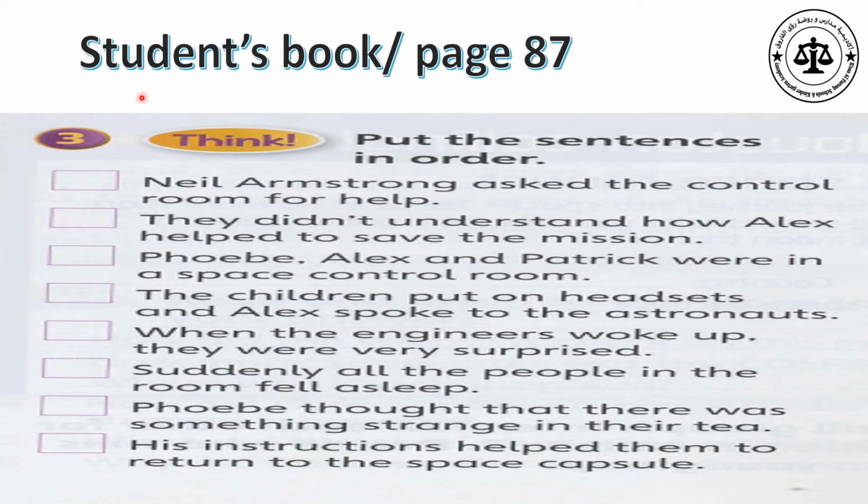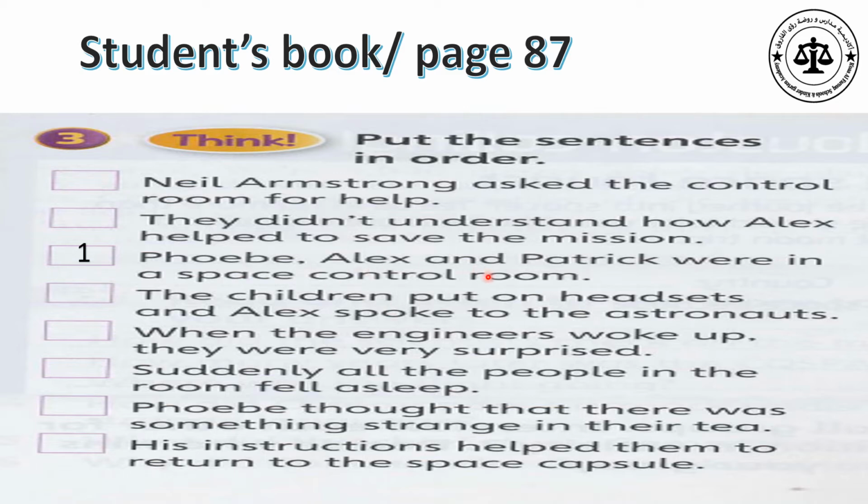Now, let's do student book exercises on page 87. Put the sentences in order. We want to reorder these sentences to summarize the story. Let's look for the first sentence. Excellent.